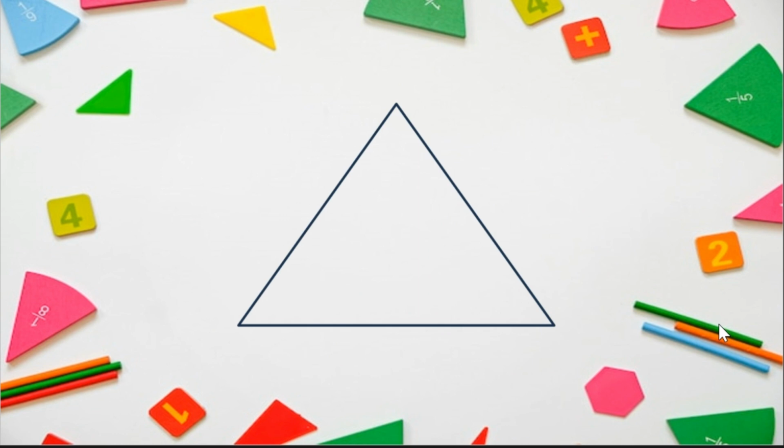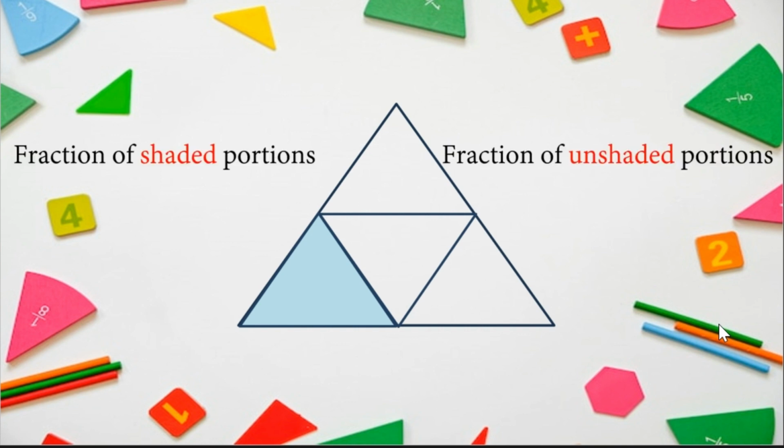Consider this triangle. Now we are going to divide this triangle into a few triangles and will shade a portion of it in this way. We have to know what part of the triangle has the shaded portion and what part is unshaded. For that, first count the total number of parts we have here. Every part has to be similar.